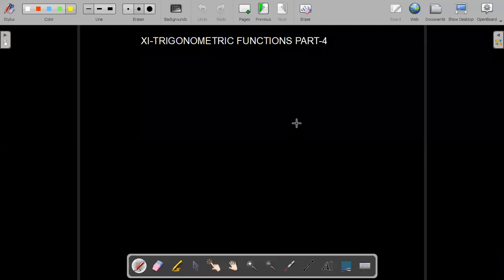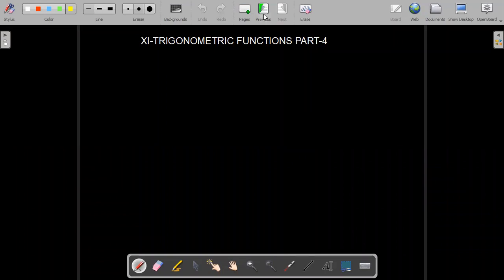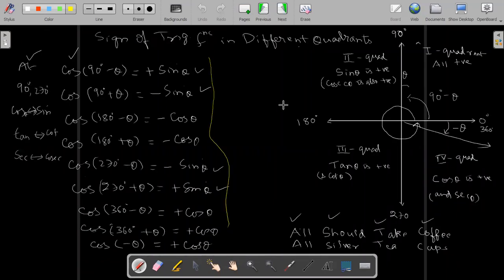So, part 4, we will continue from part 3, where we were seeing the signs of trigonometric relations in different quadrants. What you have to remember, listen very carefully: at 90 degrees and 270 degrees, sine theta will change to cos, cos will change to sine, tan will change to cot, cot will change to tan, sec will change to cosec, and cosec will change to sec.